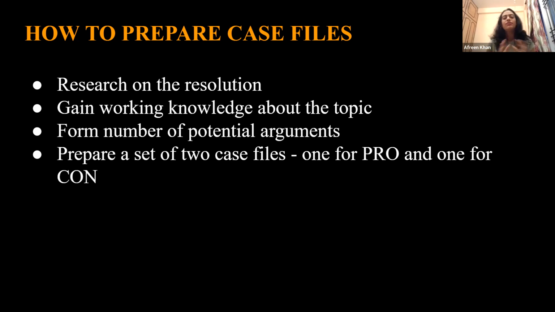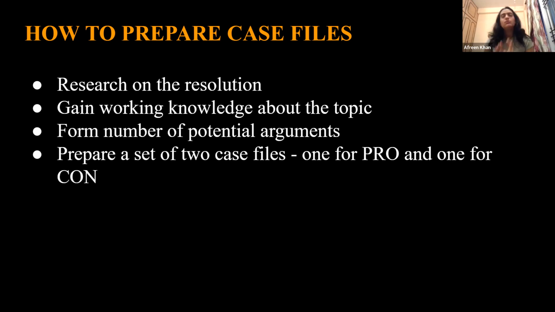Secondly, try to form a potential number of arguments. Why that is important is, let's say during your speech you would probably be using 2 to 3 arguments, but let's not focus on how many arguments you're supposed to use, because you're supposed to have qualitatively better arguments rather than quantity of arguments.